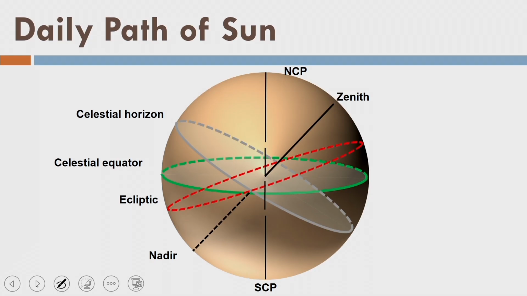For example, let us say at 11 a.m. in the morning, you go to a rooftop and measure the declination and right ascension. You cannot measure them directly, but let us say you are determining it every day at 11 a.m. at your place. So, that declination and right ascension, if you plot every day, you will get the ecliptic path. So, that is the idea of the annual path.